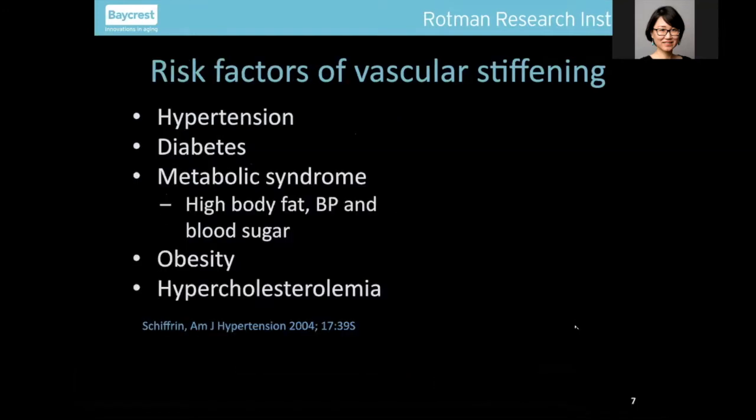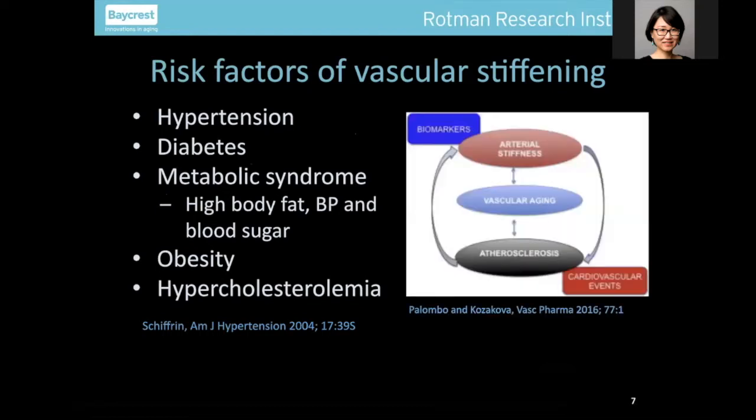And risk factors, let's face it, are all very common in aging as well: hypertension, diabetes, metabolic syndrome, obesity, clinical obesity, and hypercholesterolemia. These all contribute to the likelihood of vascular stiffening.